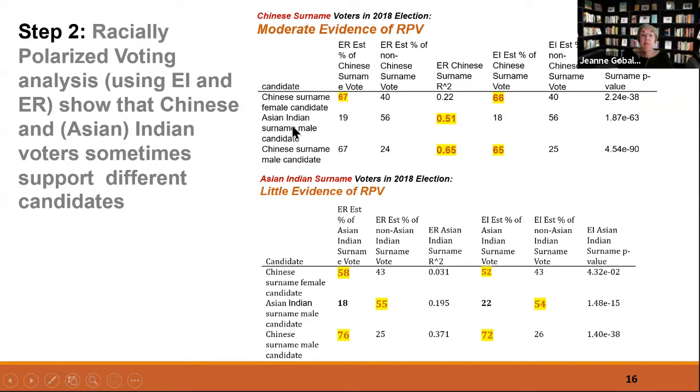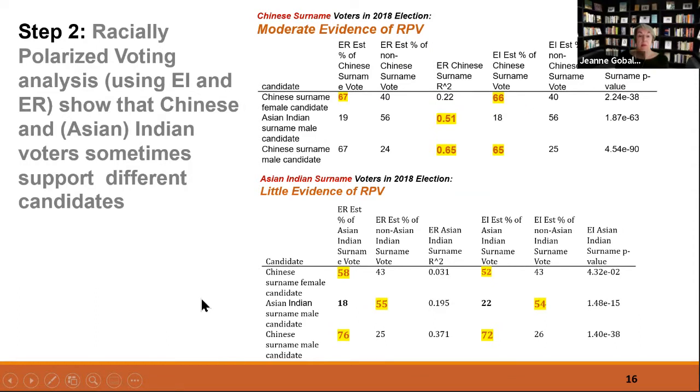So moderate evidence in that election that Chinese surname people tended to vote for Chinese surname candidates. And the bottom panel shows little evidence of racially polarized voting in that election by Asian Indian surname voters.